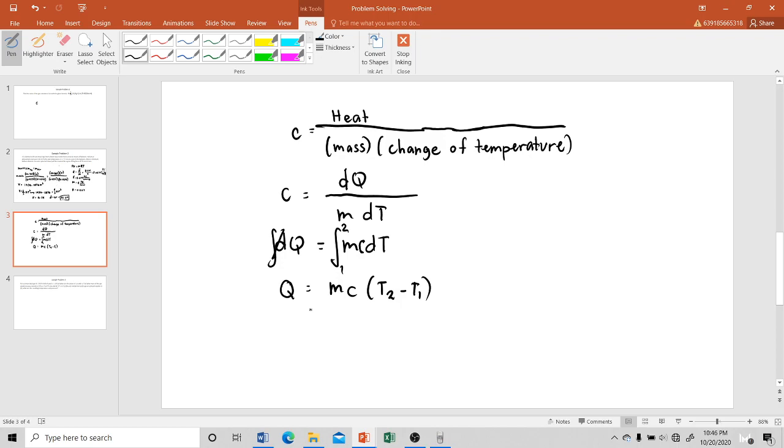In terms of constant pressure, we have Q is equals to MCP times T2 minus T1. And in terms of constant volume, we have MCV times temperature 2 minus temperature 1, or the change in temperature.